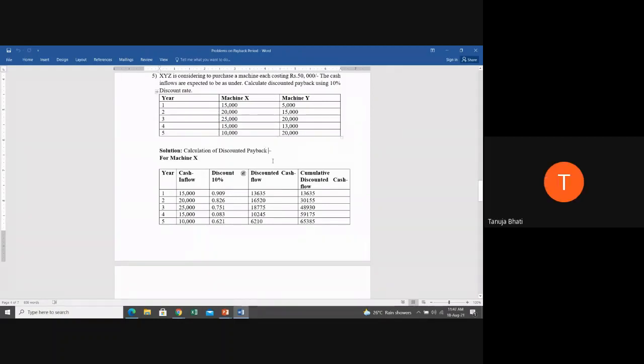So if it is discounted payback period where the cash flows are equal, what formula do you use? Initial cash outflow divided by discounted annual cash inflow. But since it is unequal cash flow, can anyone tell me what steps do you normally follow if it is unequal cash flow?